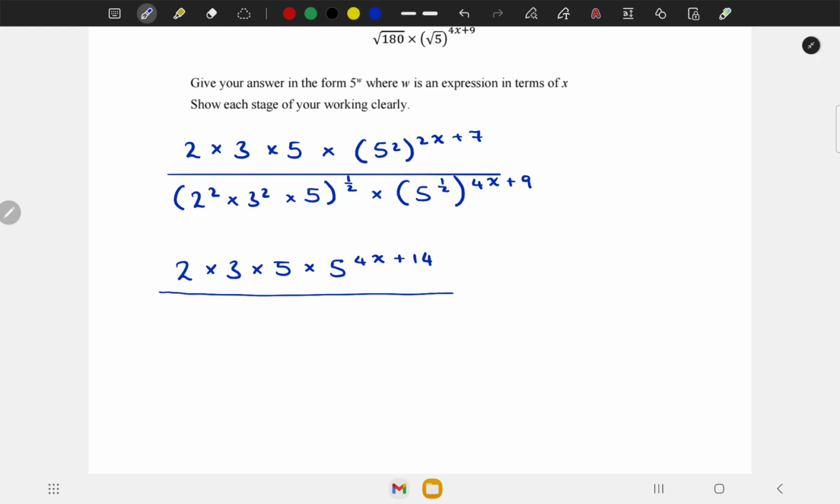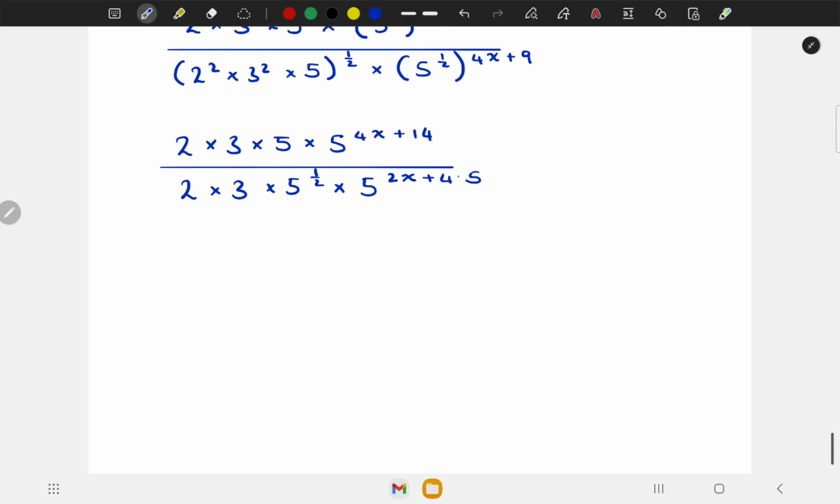That's my numerator done. And now I work on my denominator. Everything is raised to the power a half. So I'm multiplying 2 times a half, which gives me 1. 2 times a half again, which gives me 1. That's where the powers are going. And 5 raised to the power a half. Now I multiply out the second part. This is going to give me 2x plus 4.5.